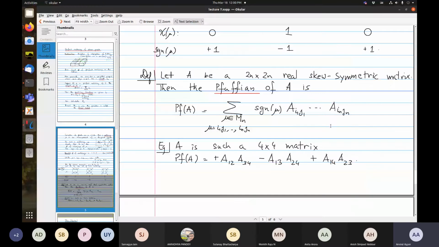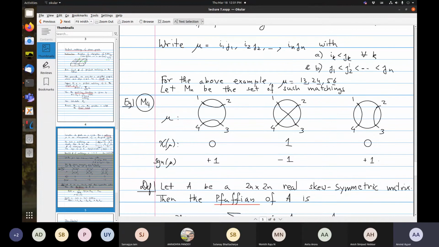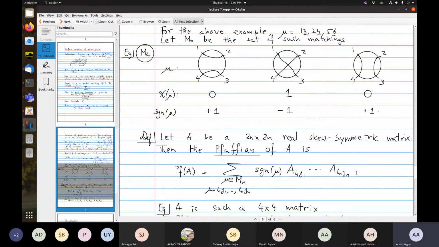Conversely, given a perfect matching, we are going to find a way of labeling. I mean, the graph is already labeled. We are going to be able to find a representative which satisfies this condition: I1 should be less than J1, and I1 less than I2. So that will give you one term over here.